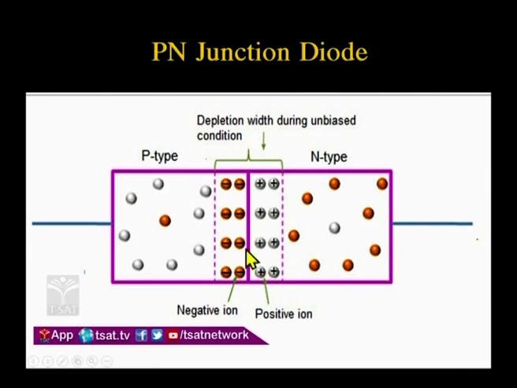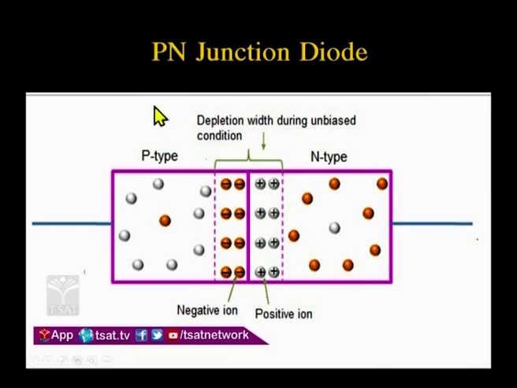This region is called the depletion region because there are no charge carriers in it. This region is depleted of carriers, and having these negative ions and positive ions aligned will form a potential. This potential is called the barrier potential.